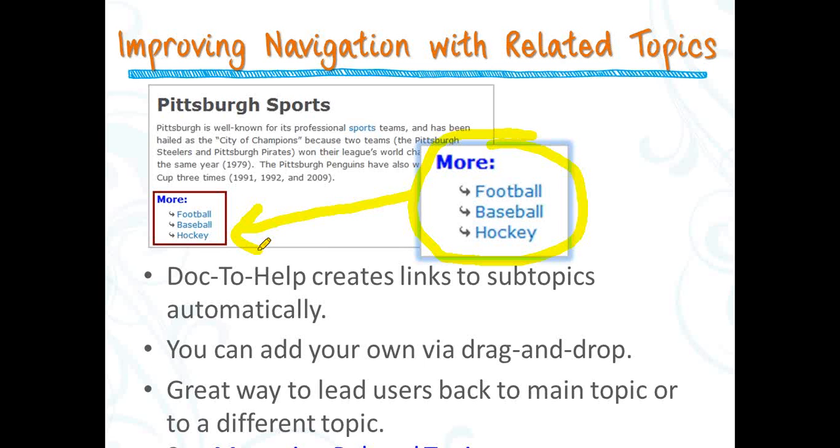So this is what I mean by you could build things right out of the box. You could pull documents in or write documents very quickly in DocToHelp, do a build, and as long as you have heading 1, heading 2, heading 3, it's going to do a table of contents. It's going to make these related links for you. It's just something that works very, very well.